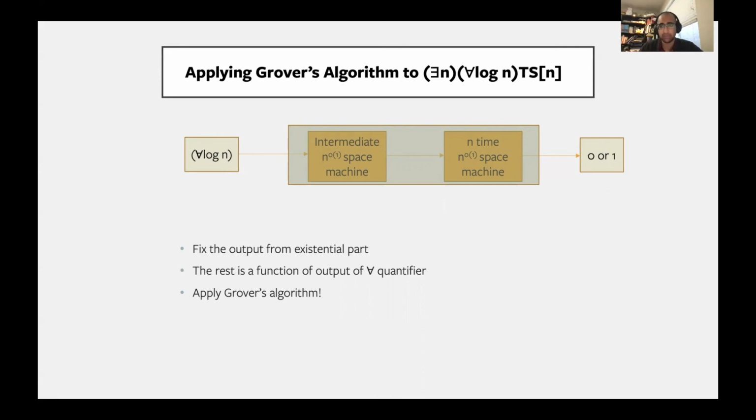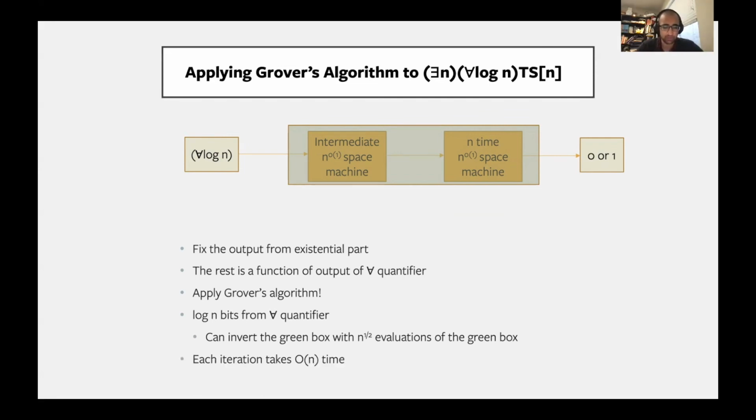Because if so, then we're happy and we accept, and if not, we reject. So essentially what we're doing is a search. We want to search over all the possible guesses from the universal quantifier and see, is there a guess that gives us 0? Well, we can invert the green box with root n evaluations of the green box, because 2 to the log n over 2 is root n.